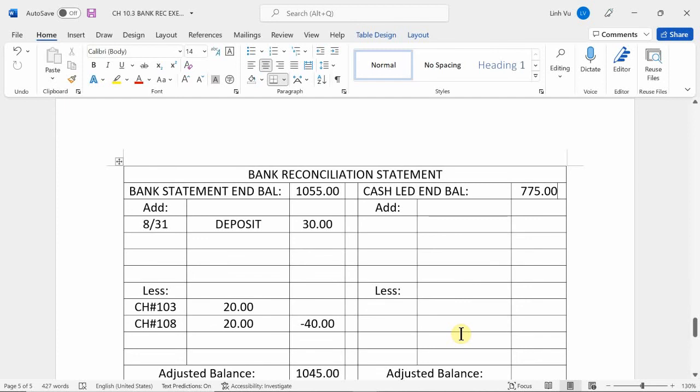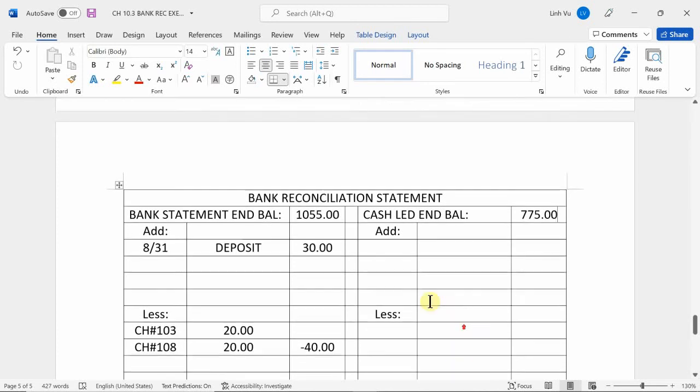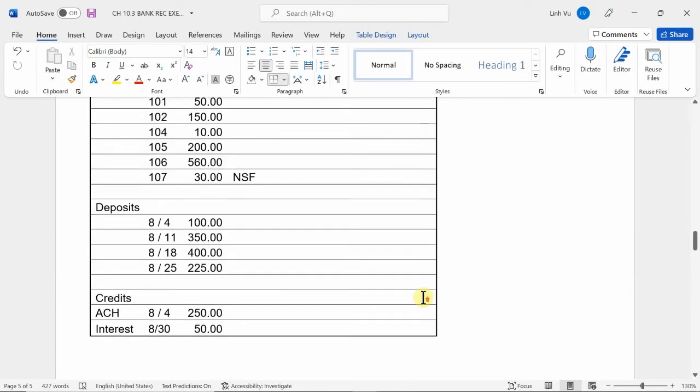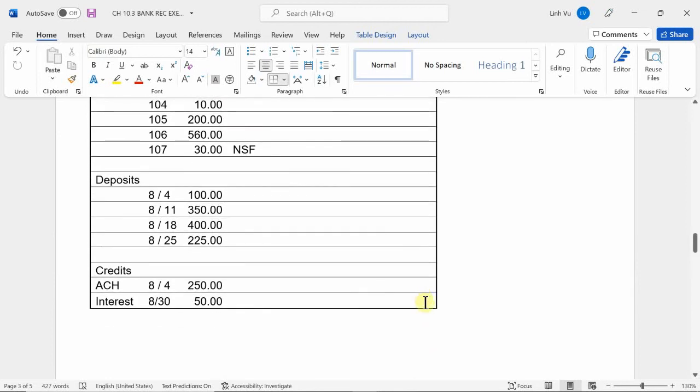I need to add my interest and my auto clearinghouse. So let's take a look at my bank statement. Right here at the bottom, the credits that you have, you have auto clearinghouse for $250 and you have interest for $50.